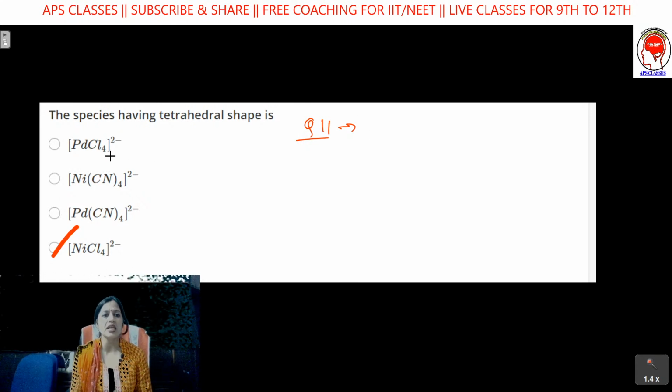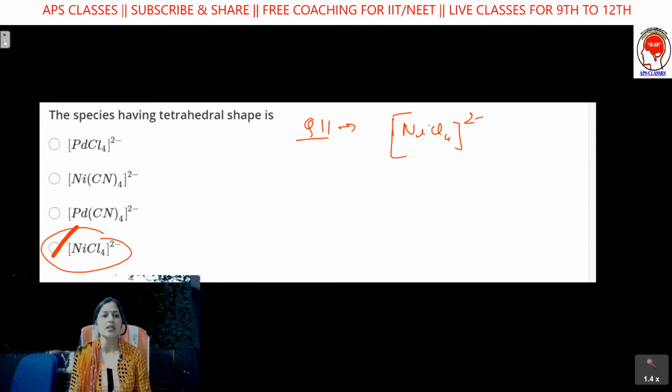Options are [PdCl4]2-, [Ni(CN)4]2-, [Pd(CN)4]2-, and [NiCl4]2-. So which of these species has a tetrahedral shape? [PdCl4]2- does not have a tetrahedral shape. [Ni(CN)4]2- again does not have a tetrahedral shape. [Pd(CN)4]2- again is not tetrahedral, but the species which has tetrahedral shape is [NiCl4]2-. So option D is the right answer.